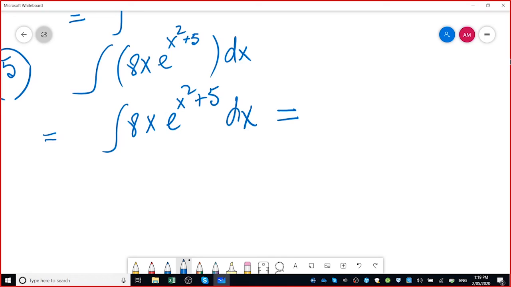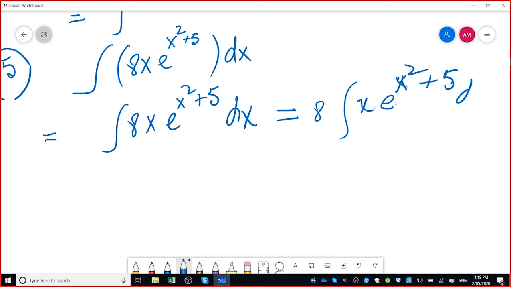If you see here, we take 8 out, right? Because it's constant. So we have 8 times the integral of x e to the power of x squared plus 5 dx.